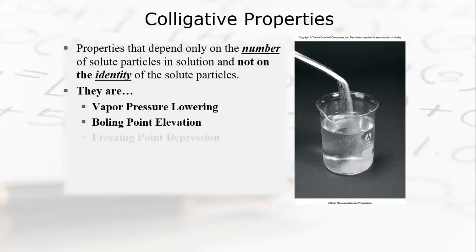Here are our 4 categories of colligative properties: vapor pressure lowering, boiling point elevation, freezing point depression, and osmotic pressure. These are the 4 properties we're going to study. We're going to take them pretty much in that same order. Let's start out with the vapor pressure lowering.